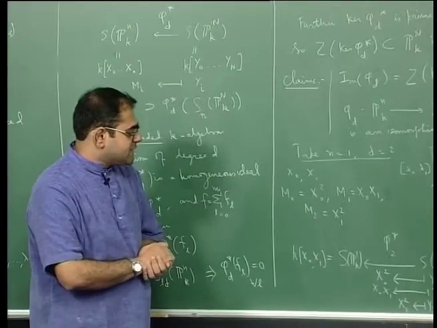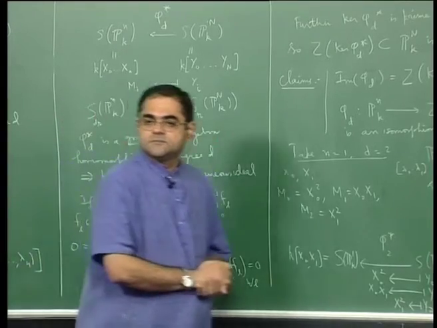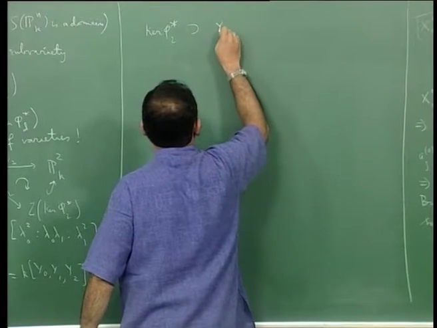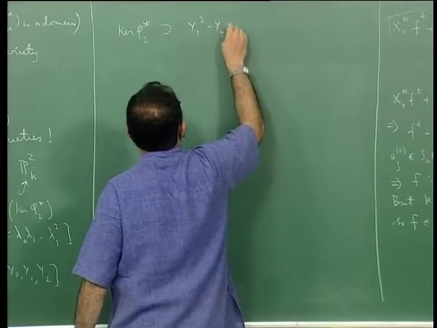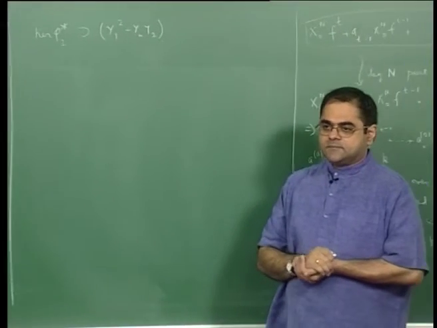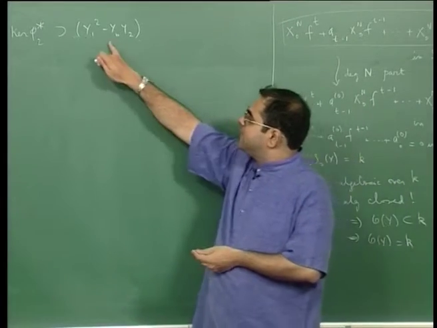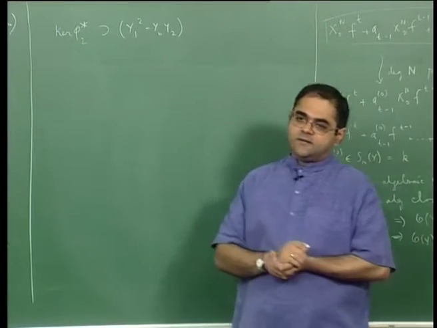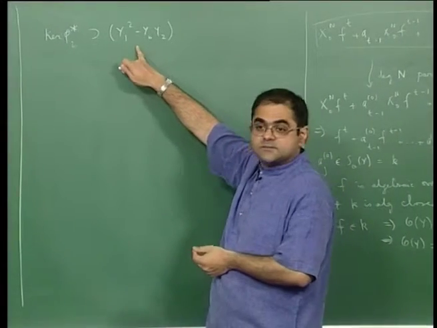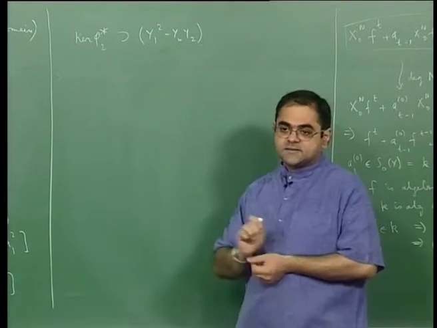You can easily see that y1 squared minus y0 y2 goes to 0. So the kernel contains the ideal generated by y1 squared minus y0 y2, because this element goes to 0, and if an element is in an ideal, then the ideal generated by that element is also in that ideal. Mind you, this is a degree 2 element, so it is homogeneous, so the ideal it generates is a homogeneous ideal, contained in this kernel.